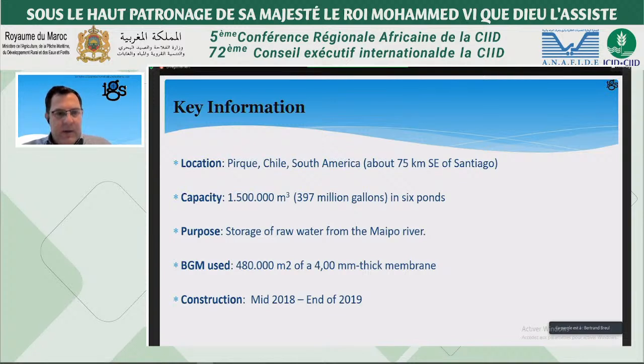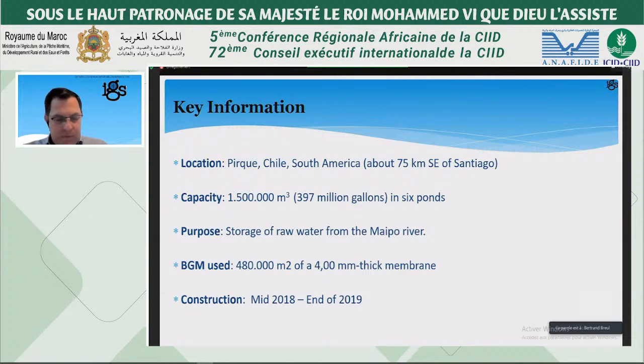The capacity of the reservoirs is 1.5 million cubic meters of raw water. This is pumped from the Maipo River, which is close by.